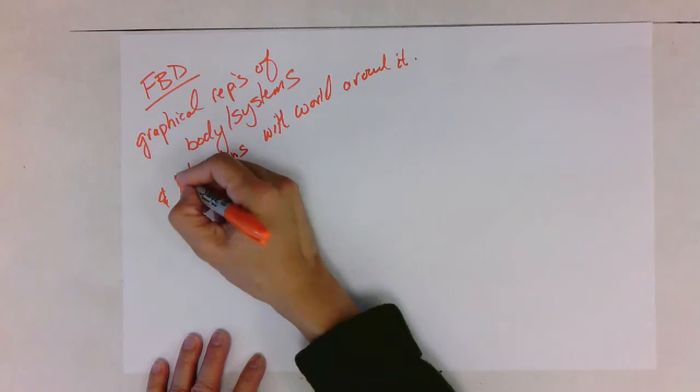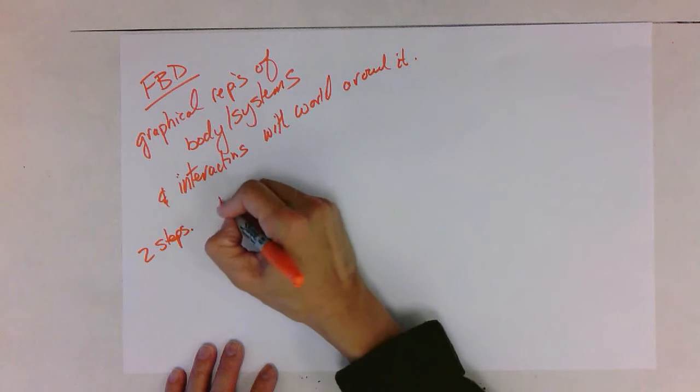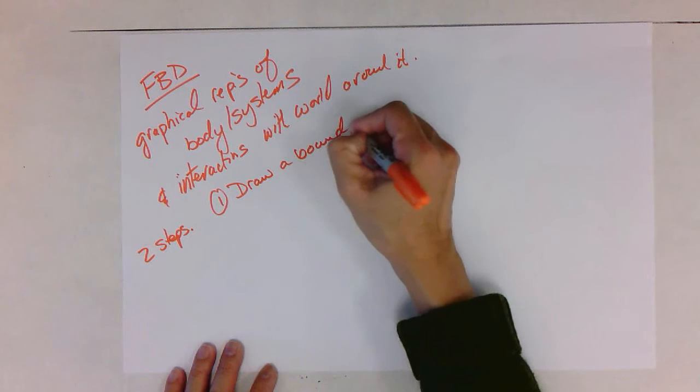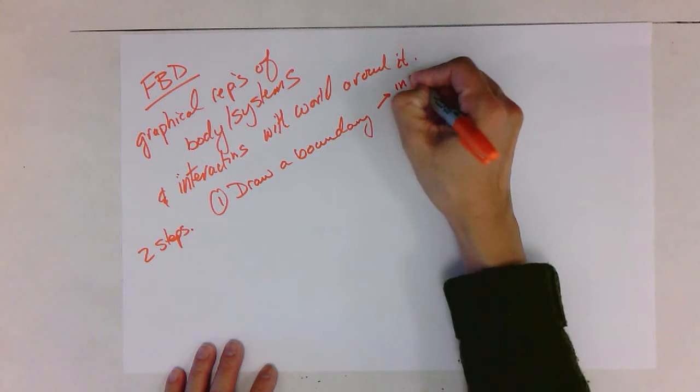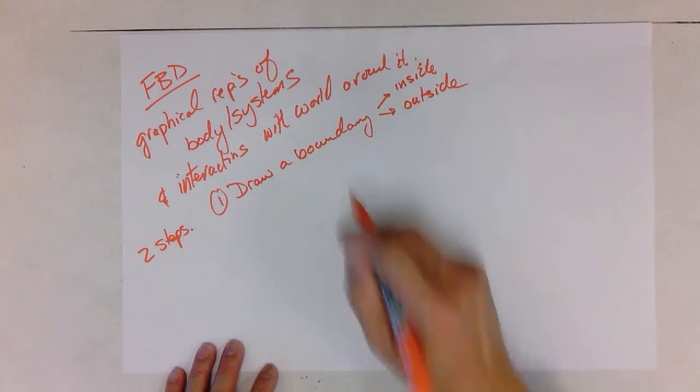Okay, so when you're drawing a free body diagram, there are two steps. The first step is draw a boundary. That defines the free body diagram. It defines what's inside and then defines what's outside.